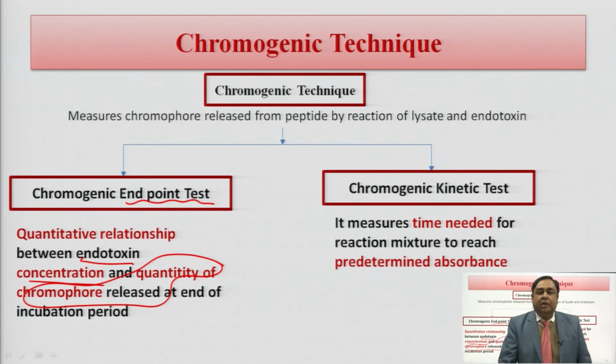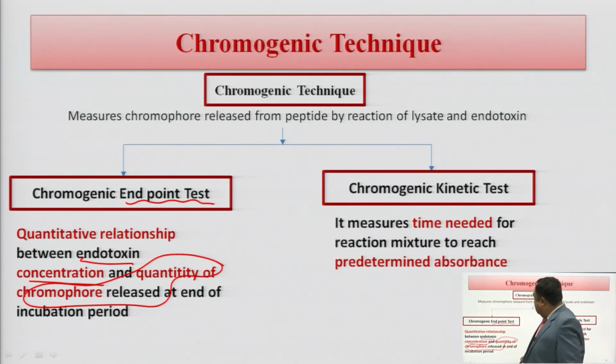In the earlier one we were linking with the turbidity. Here there is a direct, quantitative relationship between the endotoxin concentration and the quantity of the chromophore released at the end of the incubation process. At the end of the incubation process, we have to estimate the amount of the chromophore released, and we have to link it with the endotoxin concentration.